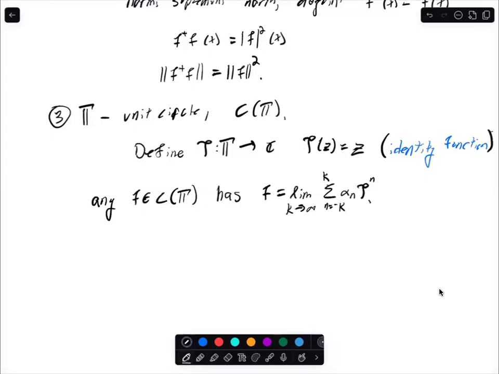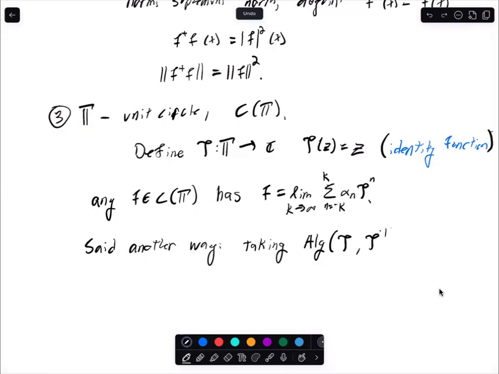Okay, so we can actually look at this and recognize the continuous functions, said another way, what I really want to say. If we look at the star algebra, the algebra which is generated by both zeta and zeta inverse, well, that's the same thing as the algebra generated by zeta and zeta star.